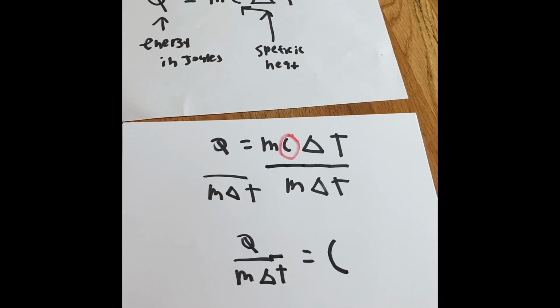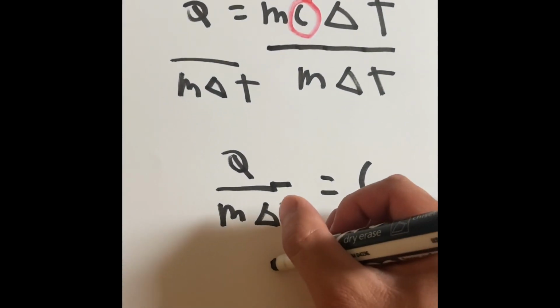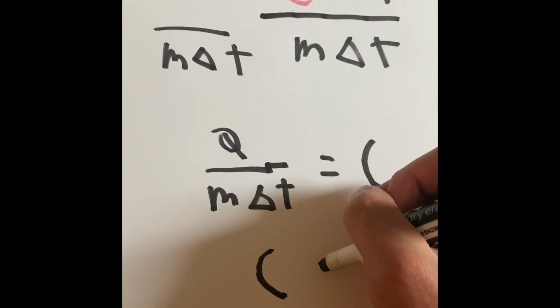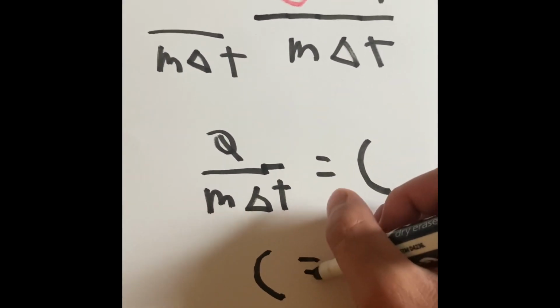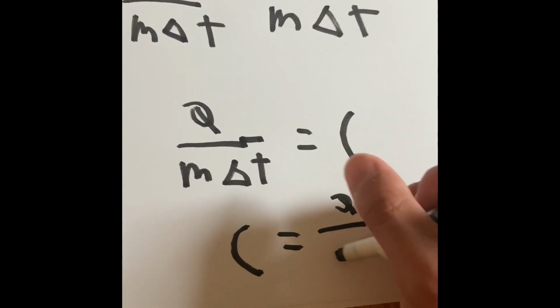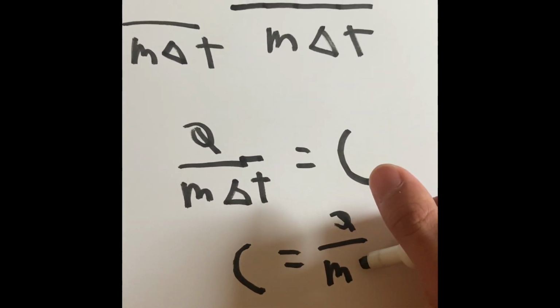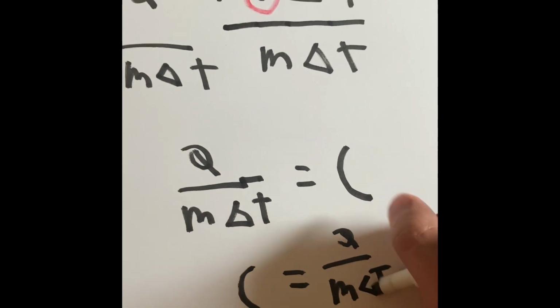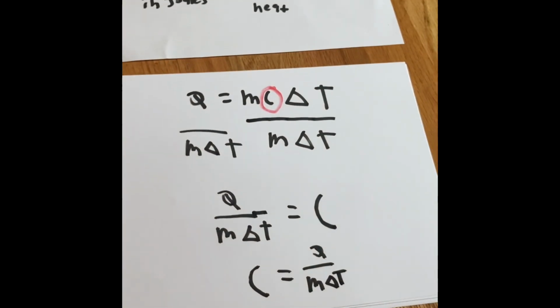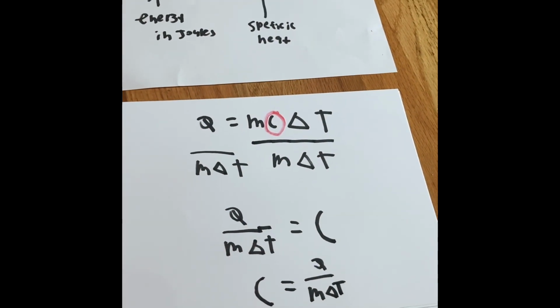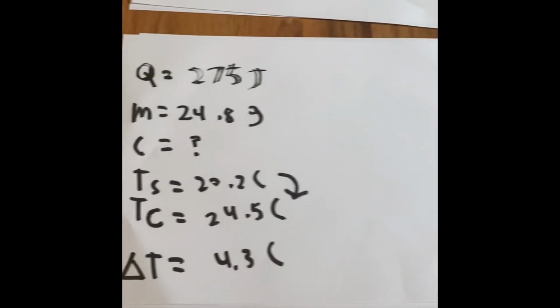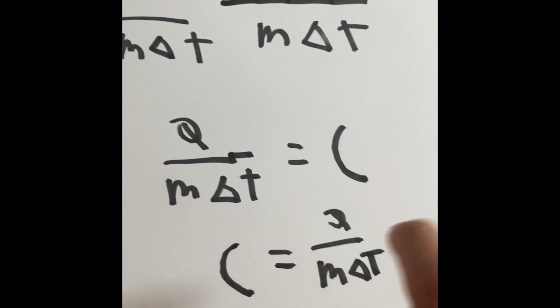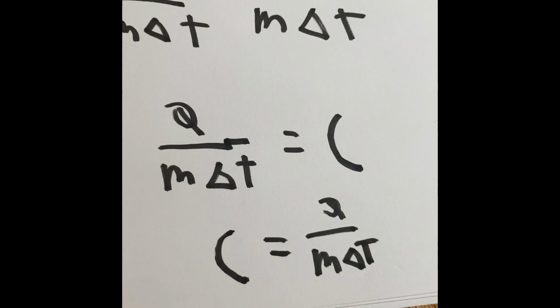To rewrite this equation, we can turn it so C, the isolated variable, is on the left side. C is Q divided by M times delta T. So now we can use our formula. If we plug in the numbers from here into this, we'll get what C is.